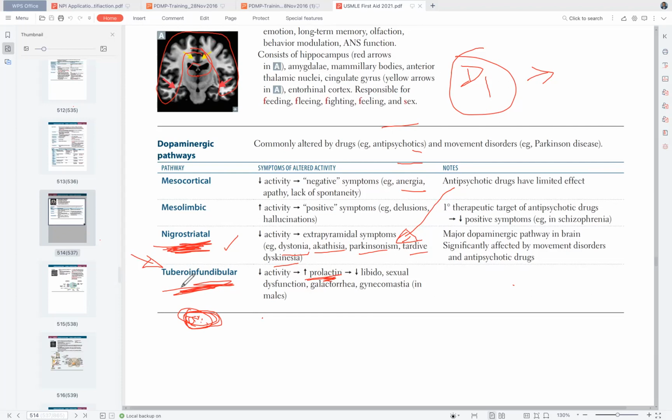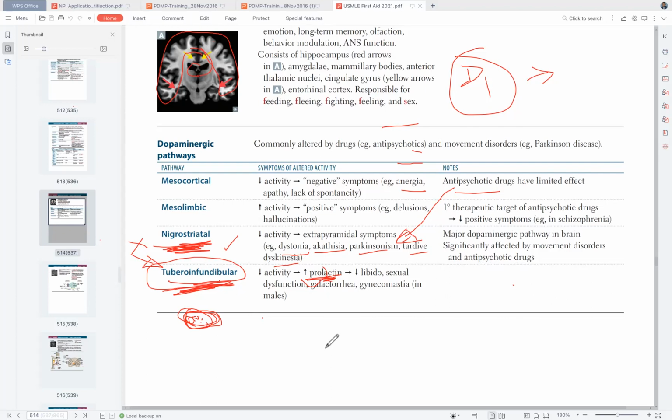So if that pathway is not working, say somebody has a prolactinoma, or somebody is on an antipsychotic that is blocking dopamine from acting on this pathway, then the inhibition will not be there, so they'll start making a lot of prolactin. They present with galactorrhea and gynecomastia.